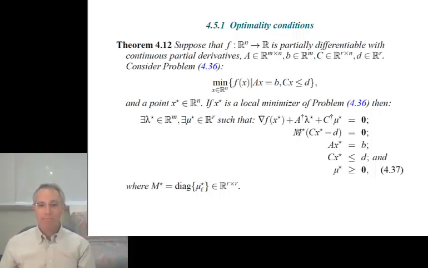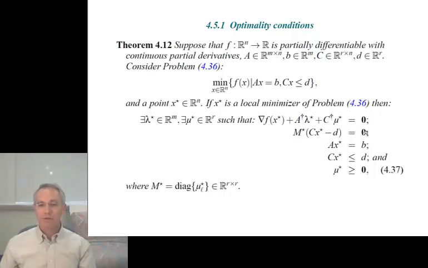When I multiply that matrix into Cx minus d, it has the effect of multiplying for each l, mu l star into the lth row of C times x star minus d l.